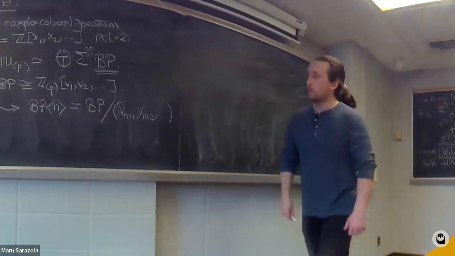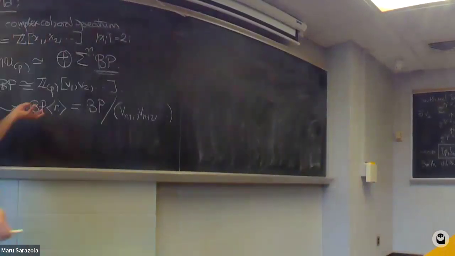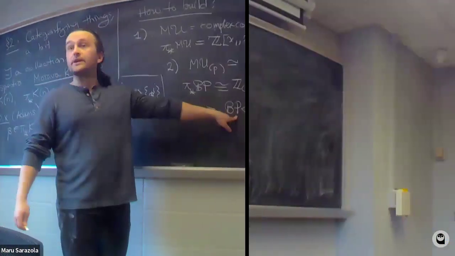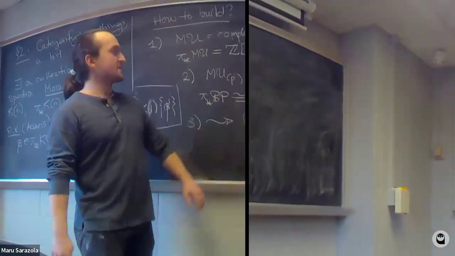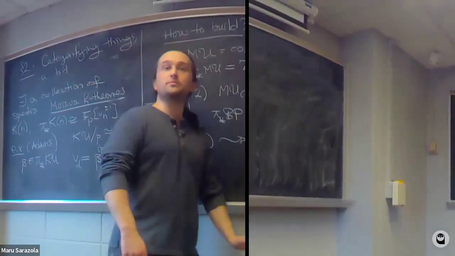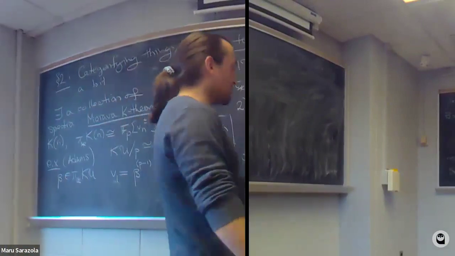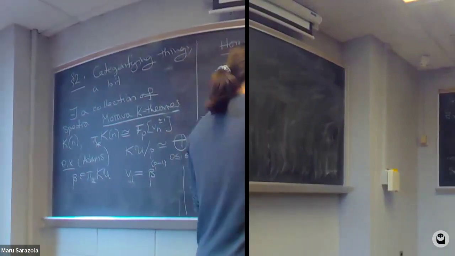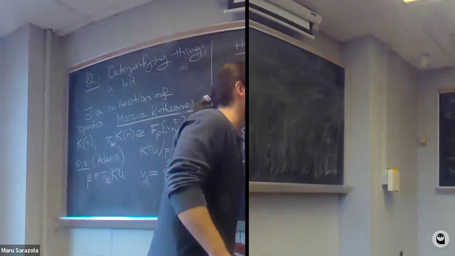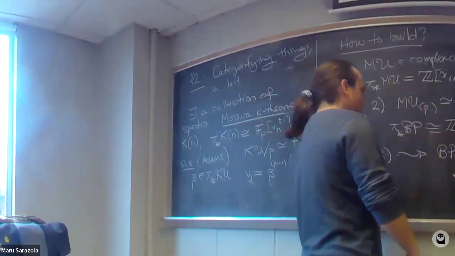And of course, as you would hope, this thing has the right homotopy groups. This looks like, again, a polynomial algebra, but now with finitely many generators up to degree n. You could also mod out this thing and kill everything up to degree n.